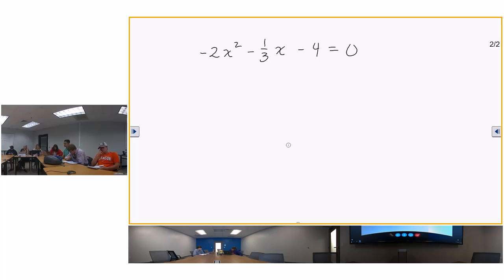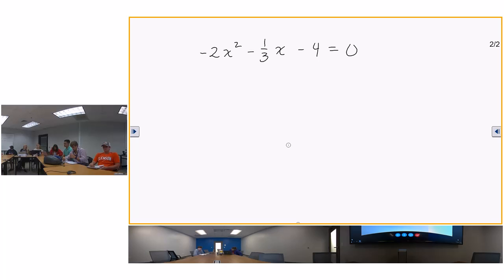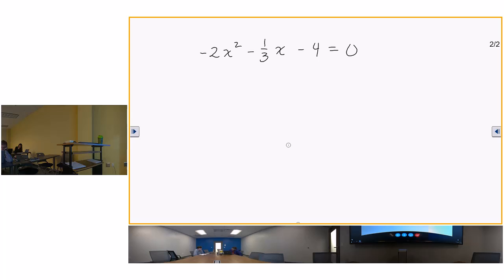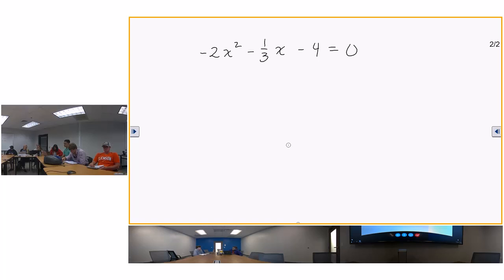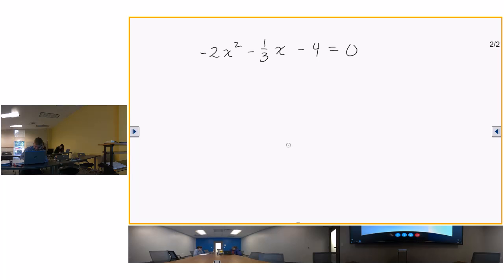And I decided to have this test in class also. What's the first step? Move C. Good.